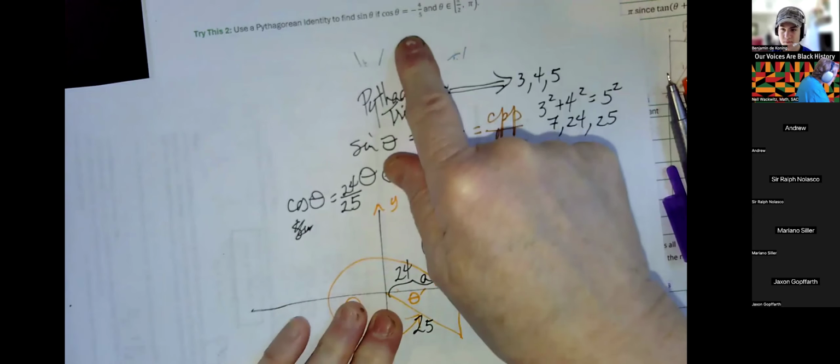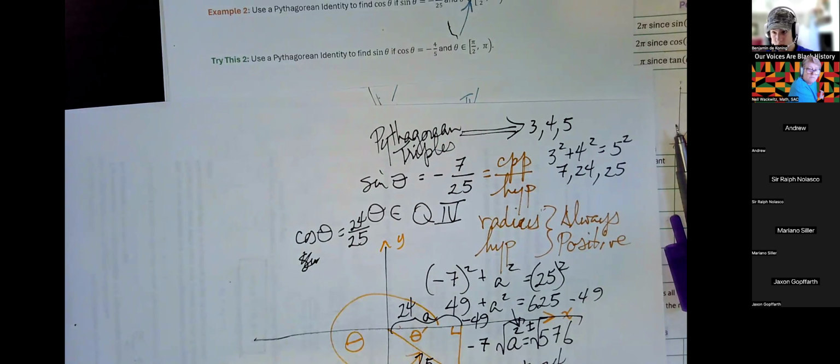Okay, I want y'all to find the sine of theta if we know that the cosine of theta is negative 4/5. And what quadrant is theta in? The first quadrant. Almost.